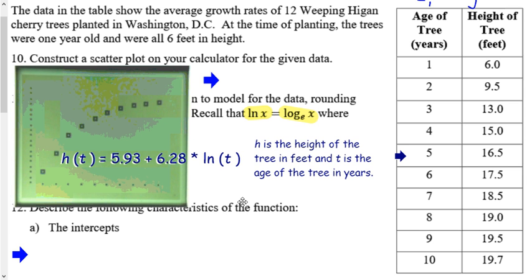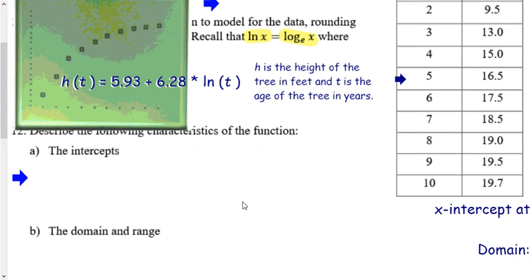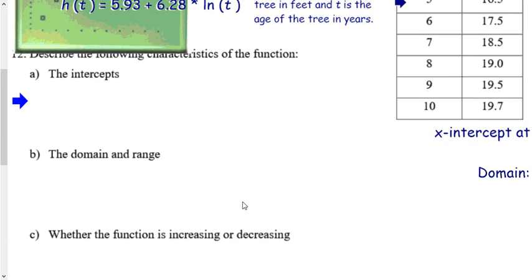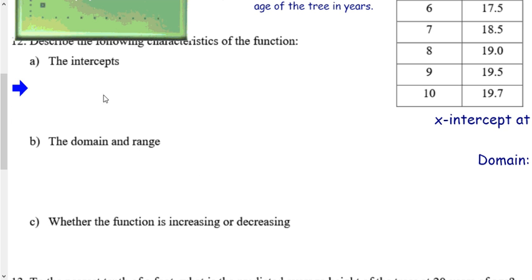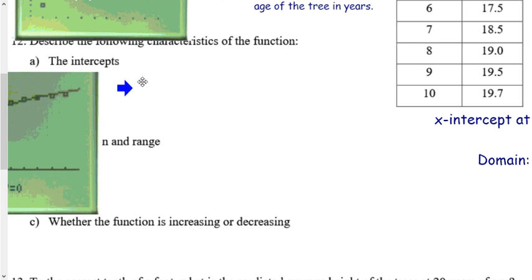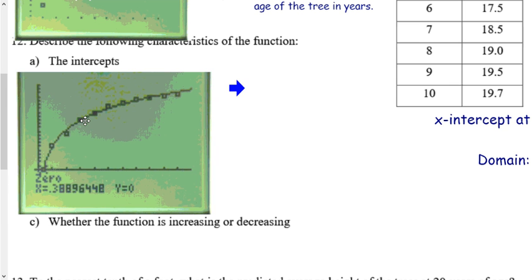So then we want to describe characteristics of the function. First of all, we're asked to find the intercepts. So here you can see my regression graph together with my scatter plot, and I've calculated the zero of the function, and I'm getting a zero of decimal 3.8896, and the decimals continue, and that's where y is equal to 0.